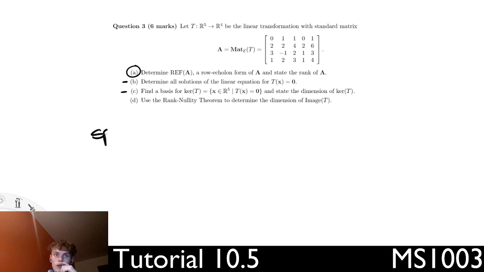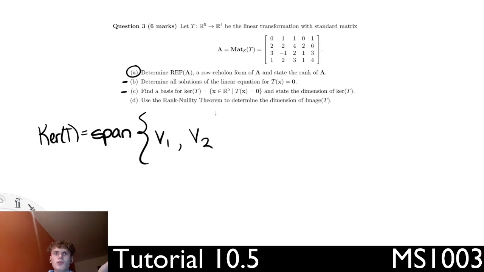Now, something I noticed, right? The kernel in this question, and the kernel in most things, is usually the span of vectors. Sometimes it's the span of just one vector, v1. In this question, it was the span of 2 vectors, okay?